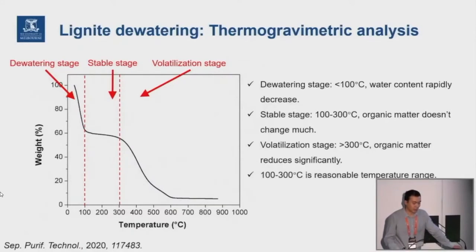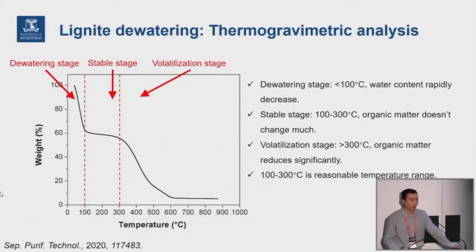Firstly, we conducted a thermogravimetric analysis. Basically, there are 3 stages. Below 100 degrees C is the dewatering stage, where the water content rapidly decreases. Between 100 and 300 degrees C, it's a stable stage because the organic matter doesn't change much.